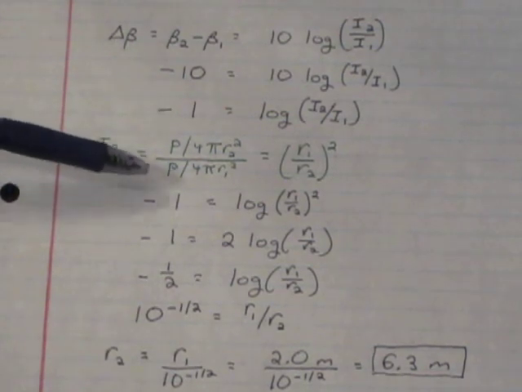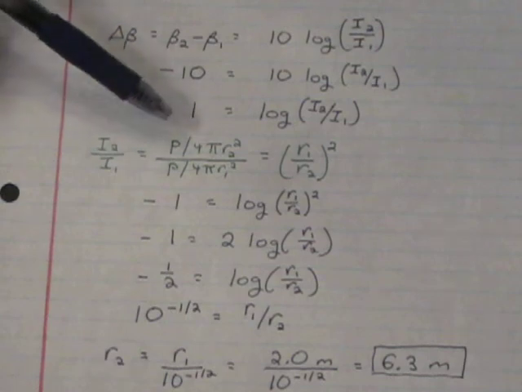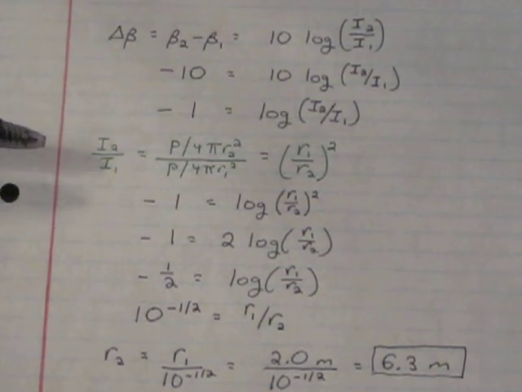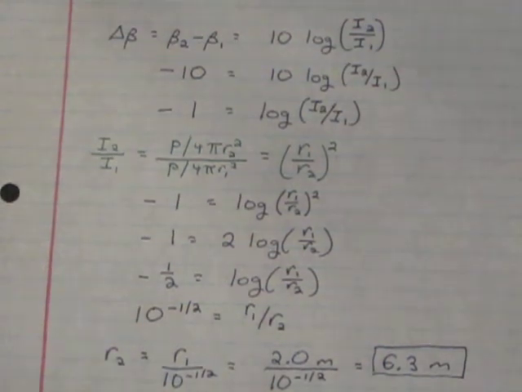I1 is power over 4 pi r1 squared. Many things divide out, and we're left with r1 over r2 squared. So we can replace in the logarithm equation, instead of I2 over I1, we can replace that with r1 over r2 squared.